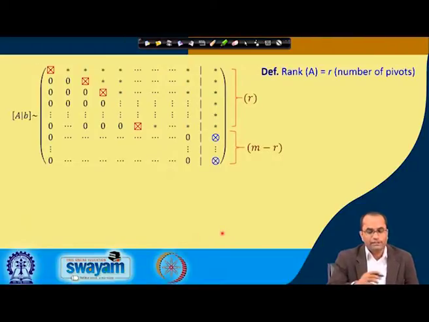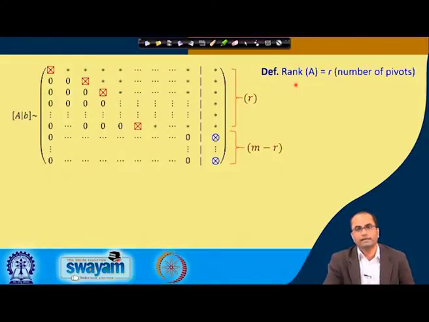Having this, let me introduce one definition, though we will talk more about rank later, because this is not the only definition of rank.